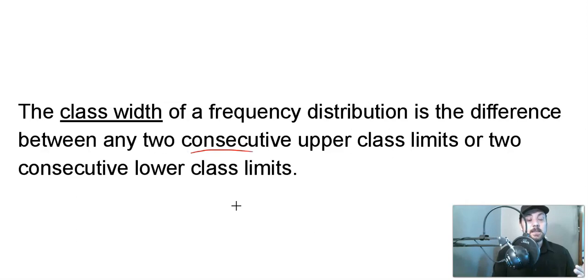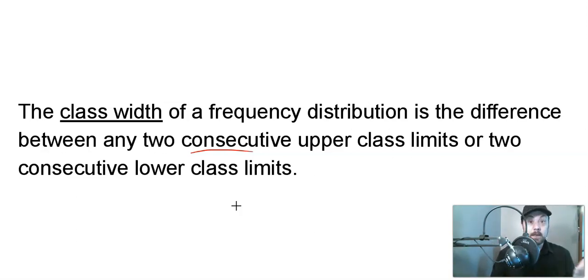The word consecutive there means in a row. So you have to take two upper class limits in a row, or two lower class limits in a row. The lower class limits are usually on the left-hand side of the class, and the upper class limits are going to be on the right-hand side of the class.